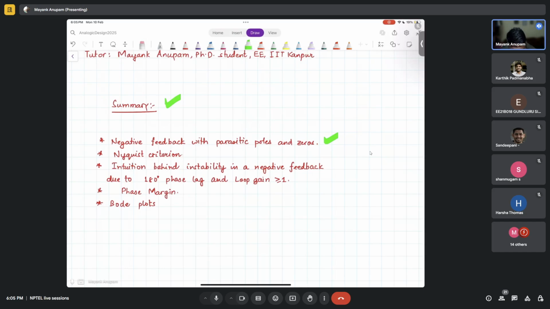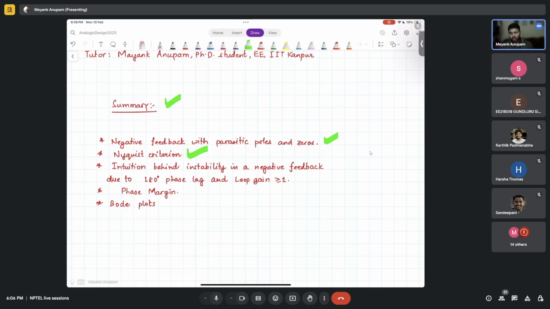We saw what should be the location of those poles to make sure that the system behaves properly. But after that we saw that this becomes very difficult to characterize. If the system has a lot of poles at different locations, you cannot always, for hand calculation or any kind of analysis, go back and apply a unit step and see whether it is converging or not. So we need a somewhat easier method to analyze our system. For that we looked at the Nyquist criterion, which presents a very simplified picture to evaluate whether the system is stable or not.